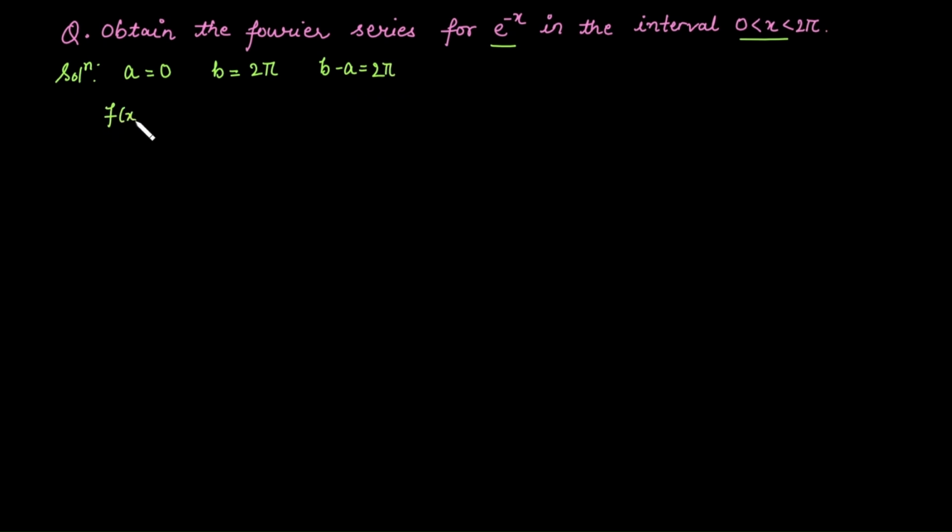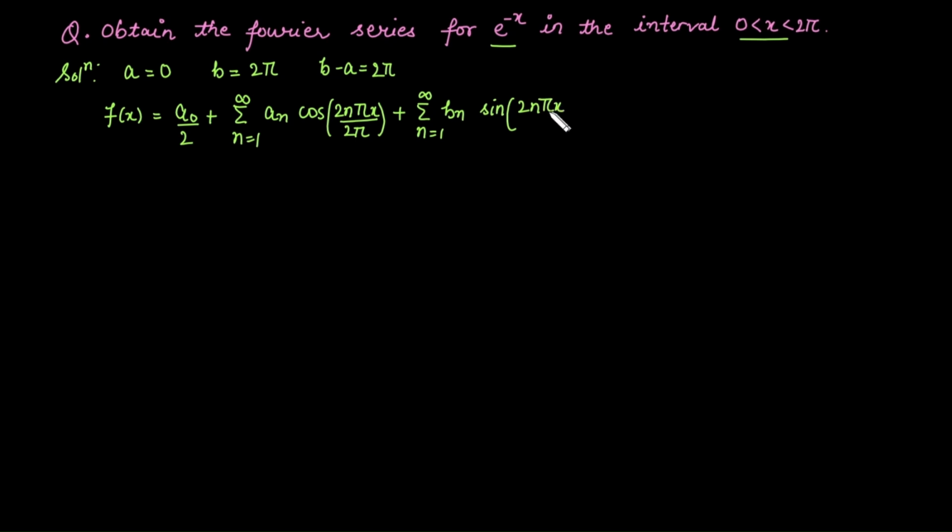Fourier series of this function is calculated as a naught by 2 plus summation n from 1 to infinity an cos of 2n pi x by length of the interval, that is 2 pi, plus summation n from 1 to infinity bn sine of 2n pi x divided by length of the interval 2 pi.